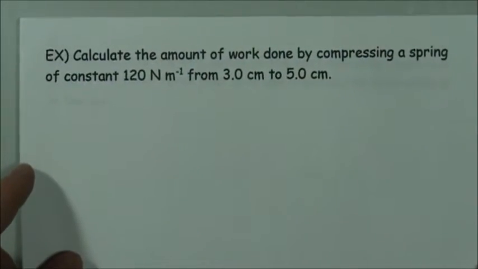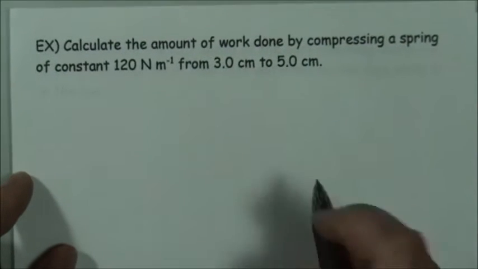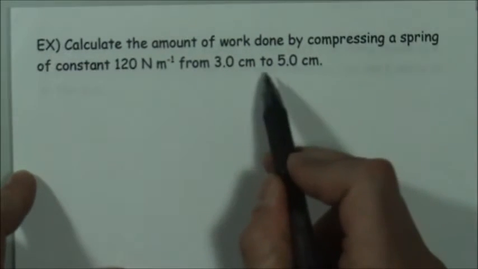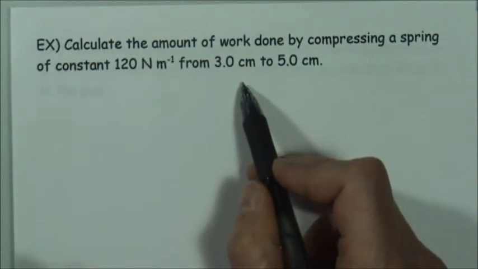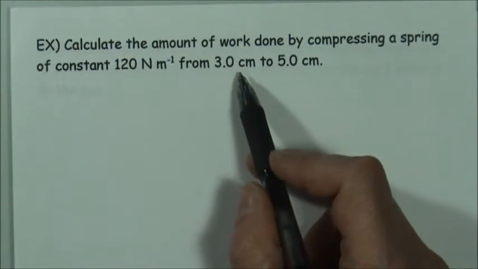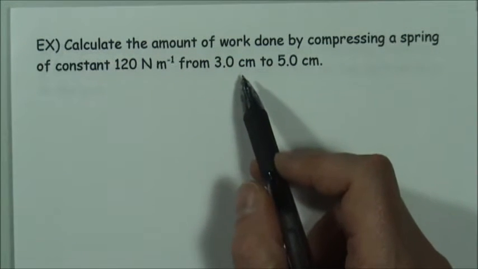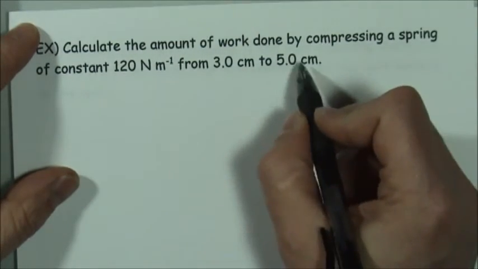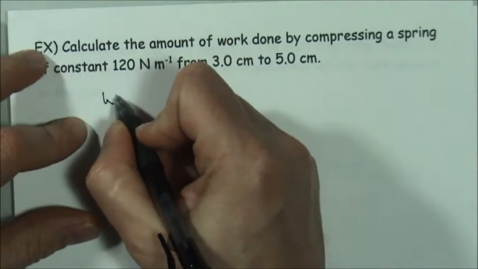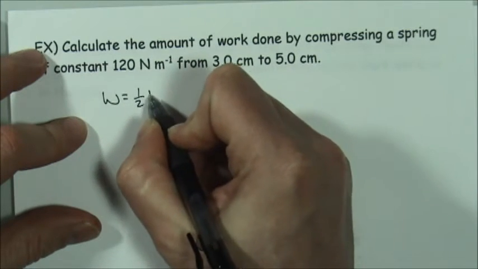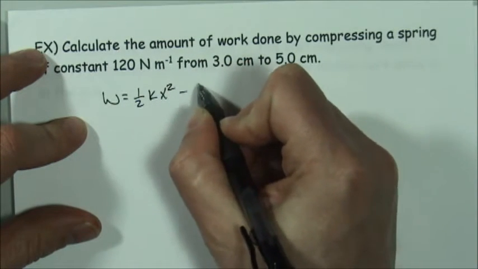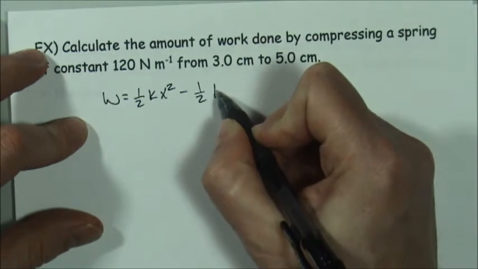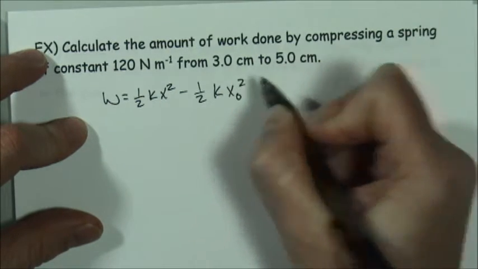And we'll start off with this issue of what happens when the spring is not starting from the origin, but from some point where it's already partially compressed or partially stretched. So in calculating the work done, I would say that W is equal to 1/2 kx squared minus 1/2 kx naught squared.